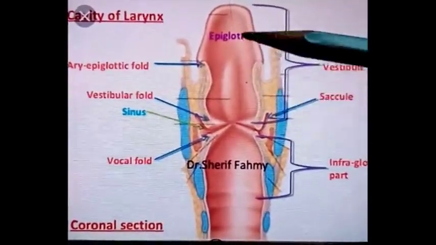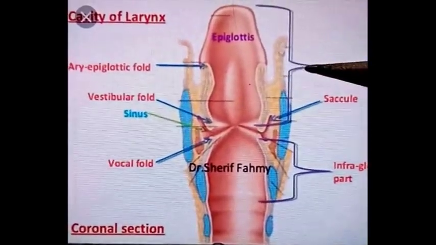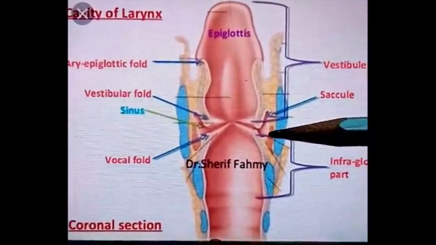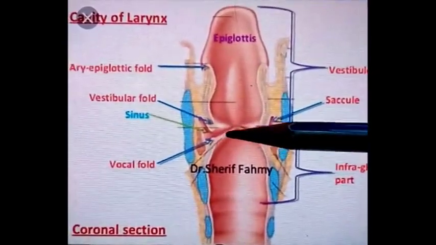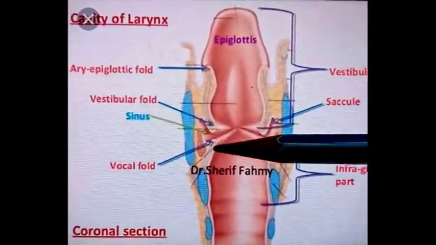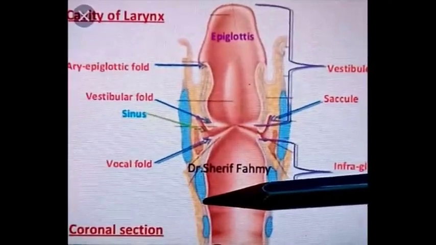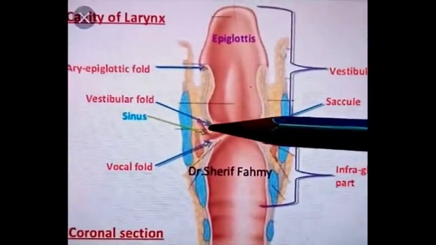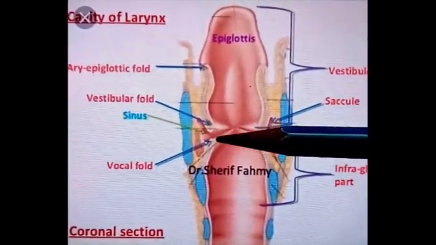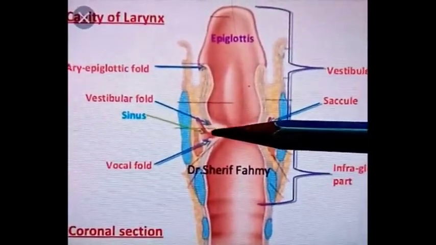This part is supraglottis, also known as the vestibule. And this is the vocal fold. From the vocal fold to the inferior border of the cricoid cartilage, this is infraglottis. And the gap between these two folds, vestibular and vocal fold, is known as the sinus.